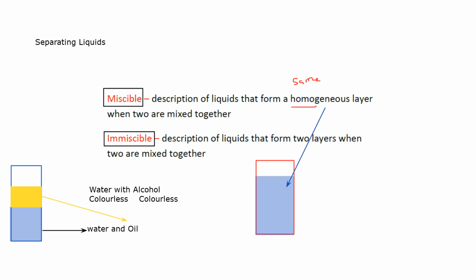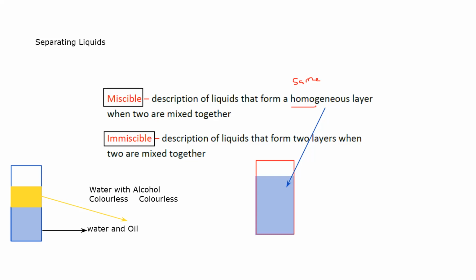The liquids which do not mix with each other, and we can see the portion where the two liquids exist, we call immiscible. The term im here refers to not, so they are not able to mix with each other. That's why we call them immiscible.